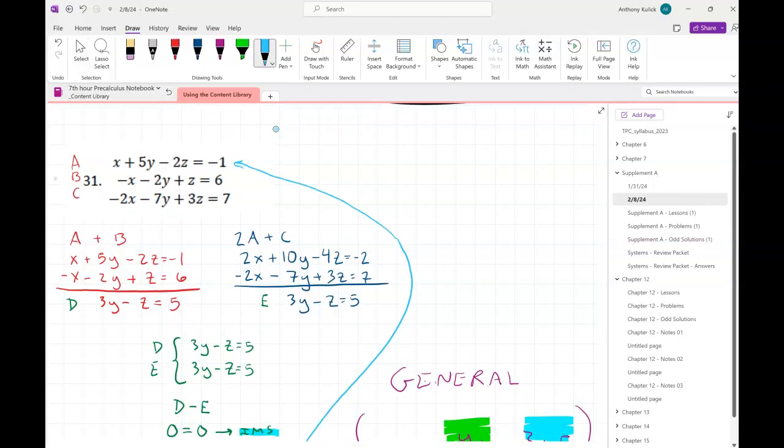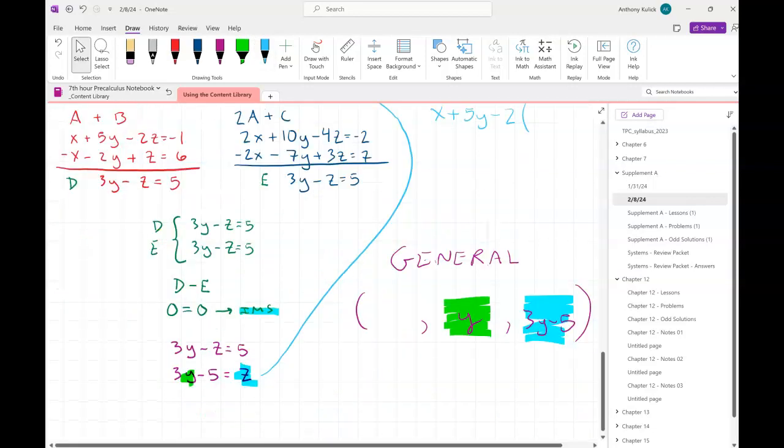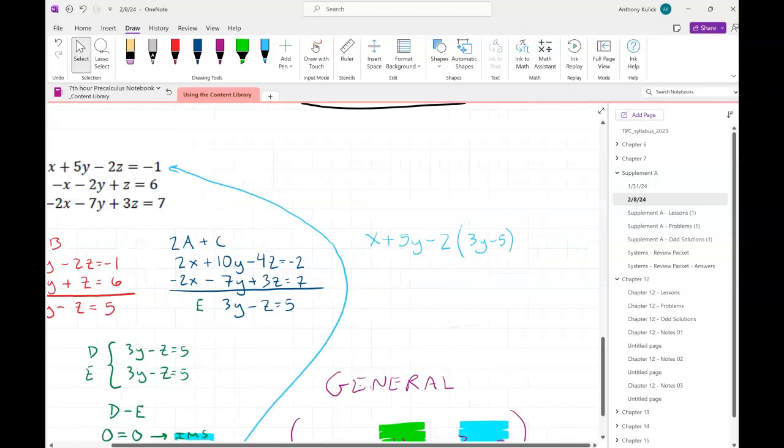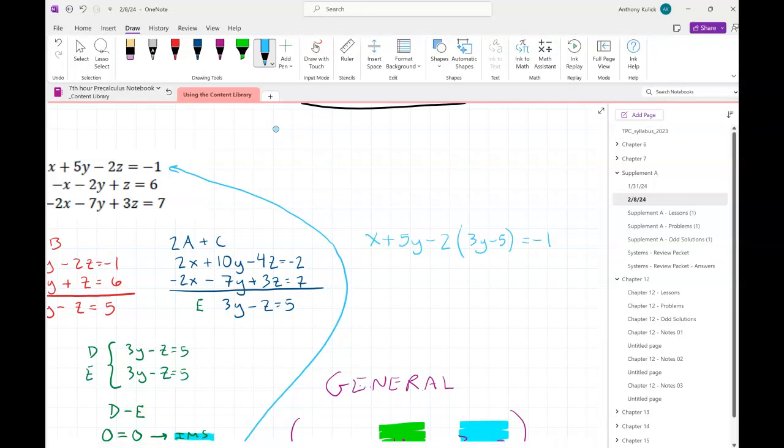For the sake of argument, I'm going to plug it into the first one. And then in place of z, I'm going to write 3y minus 5. And now I'm just going to get the x by itself. This should be an expression in terms of y when I do that.